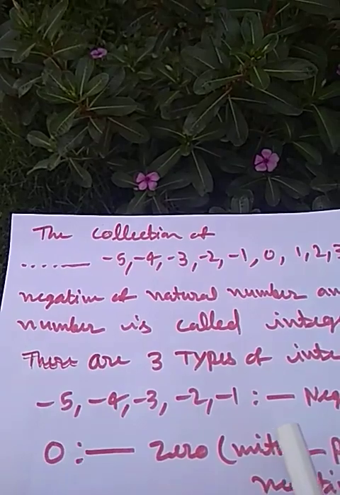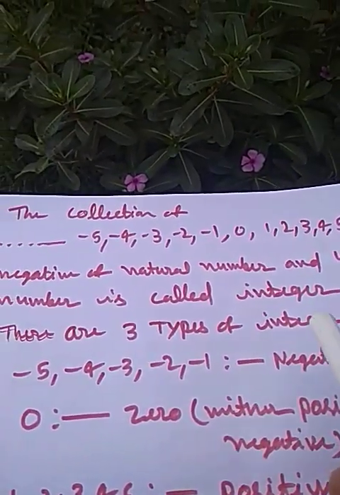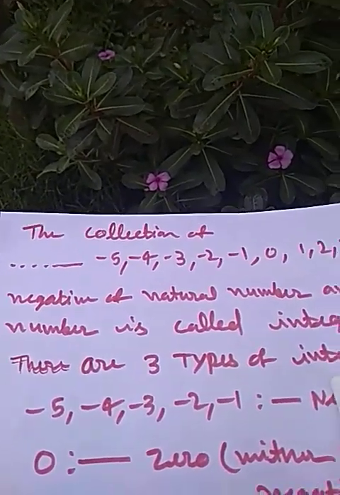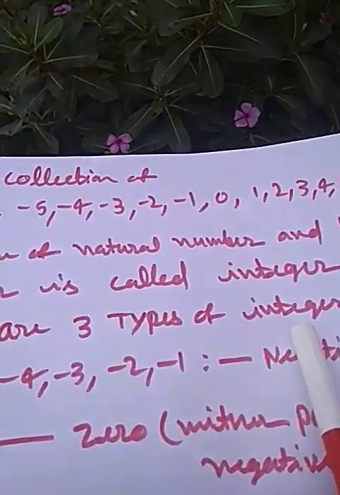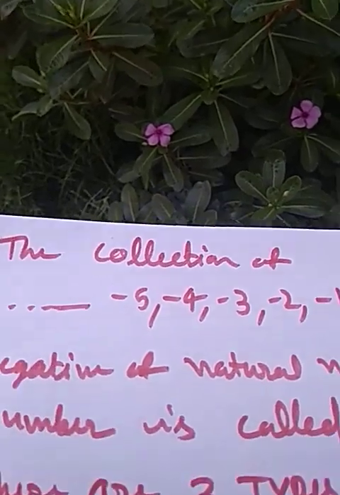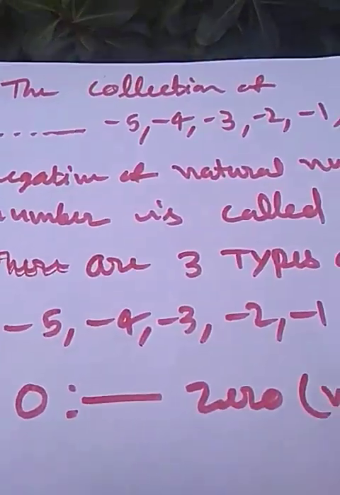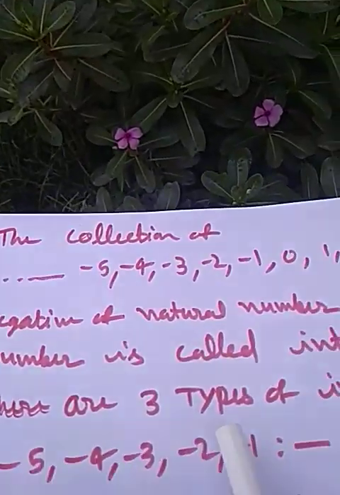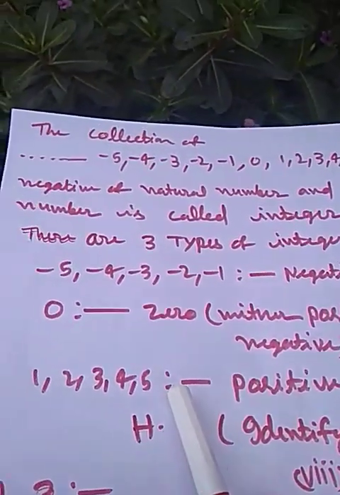What is an integer? I think all of you must have understood what integers are. In summary, we can say that an integer is the collection of negative natural numbers, 0, and positive natural numbers. Now we can find out the 3 types of integers. Pay attention.